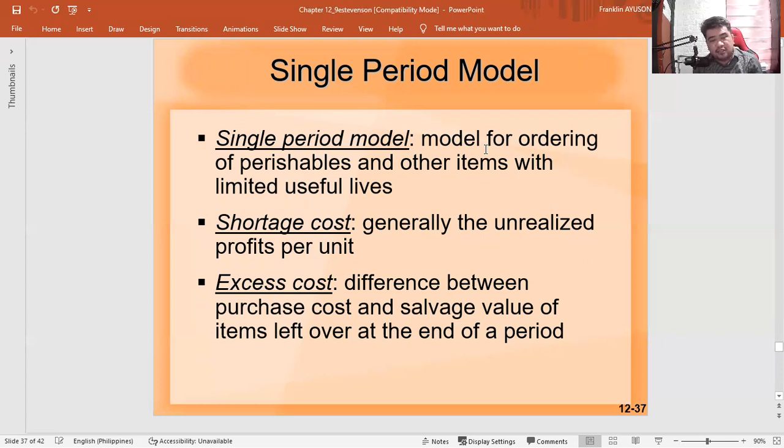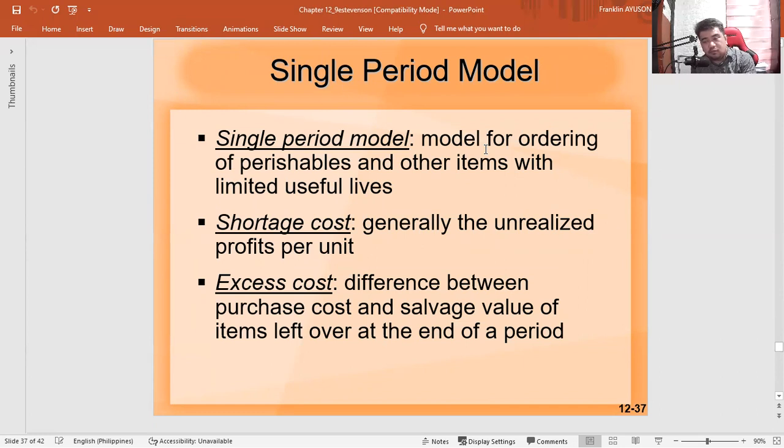For example, imagine si supermarket. So may mga produkto siya na non-perishable, di nabubulok. Karamihan ng produkto niya nabubulok din, pero syempre yung lifespan ng product medyo matagal yung expiration. But of course, kung sa kanilang inventory, meron ding mga single period model, especially yung mga fresh goods na if not maintained properly, saglit lang nabubulok.